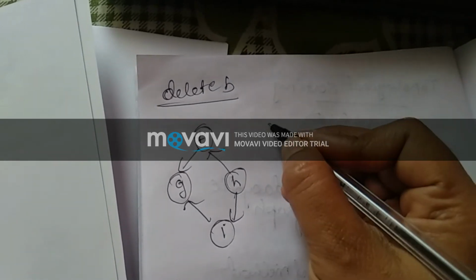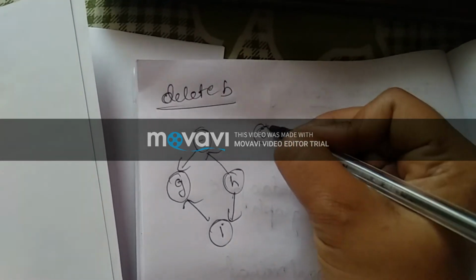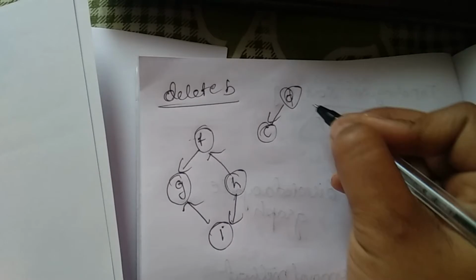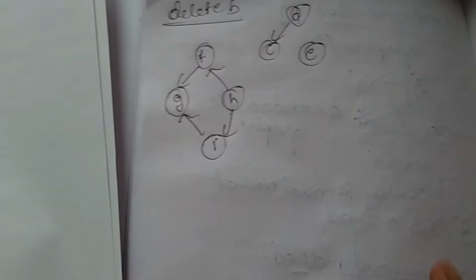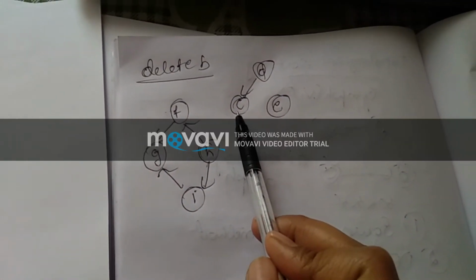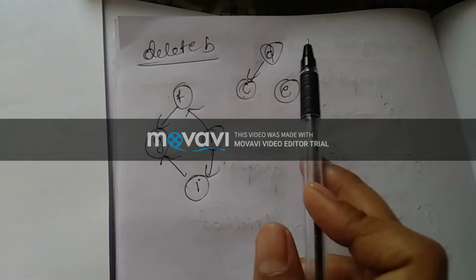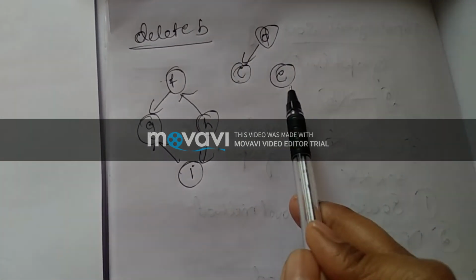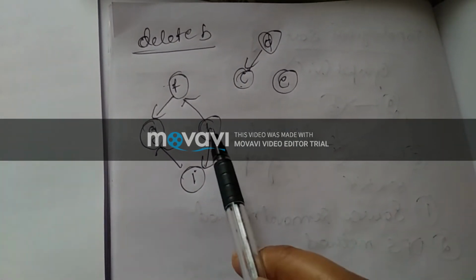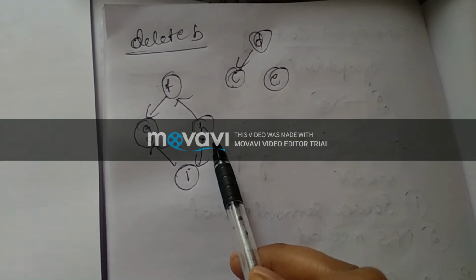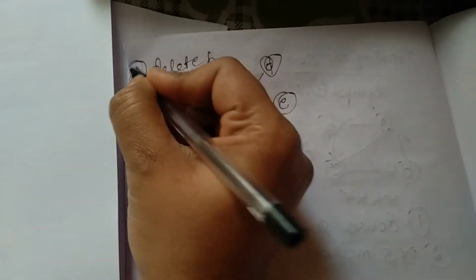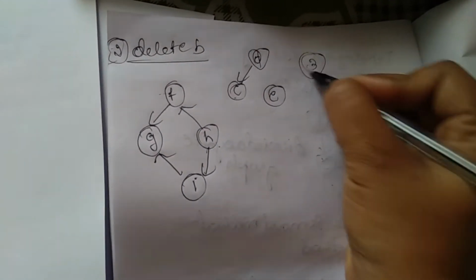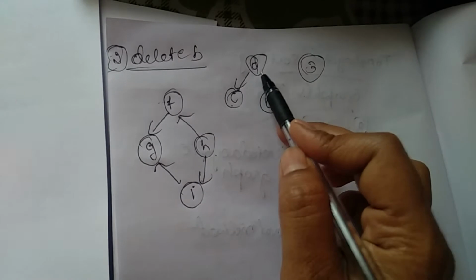Then B I have removed, so C will be as it is, D, then E. Now you see this graph: here C is having an incoming edge, so you cannot remove C. D is not having any incoming edge, E is not having any incoming edge, and H is not having any incoming edge. Now which one do you have to delete? This is the second deletion.